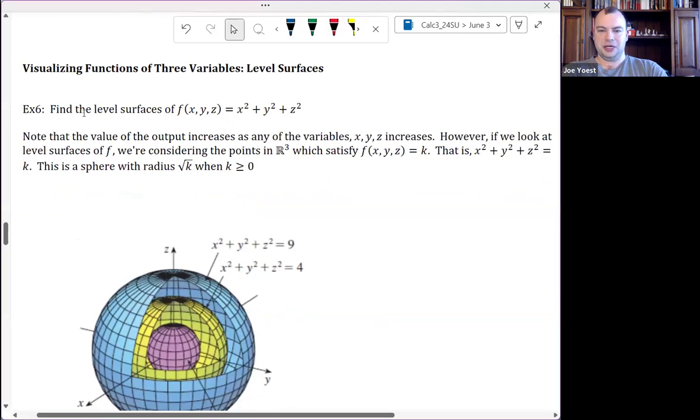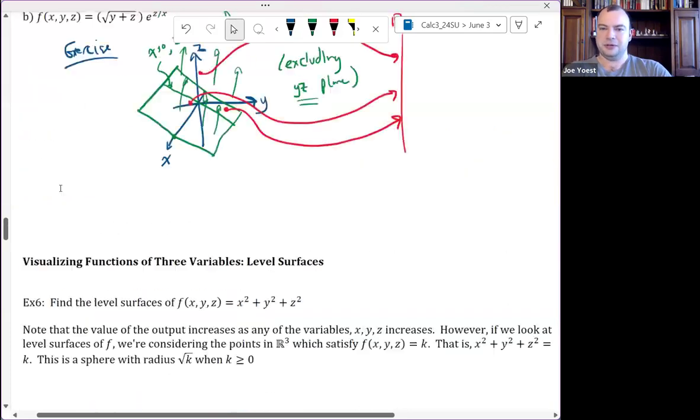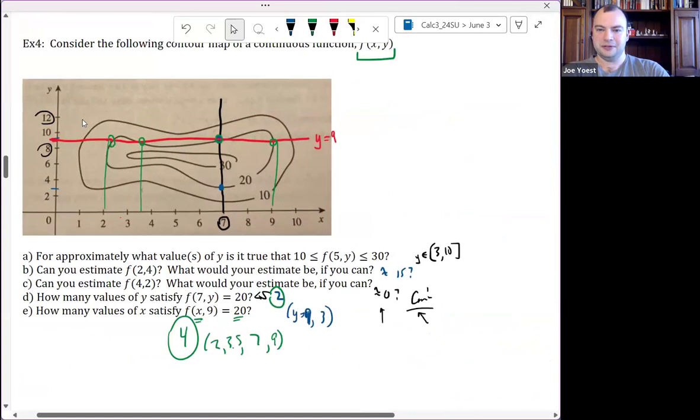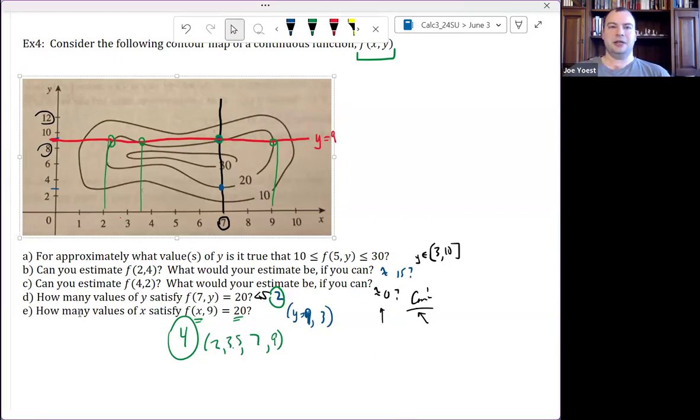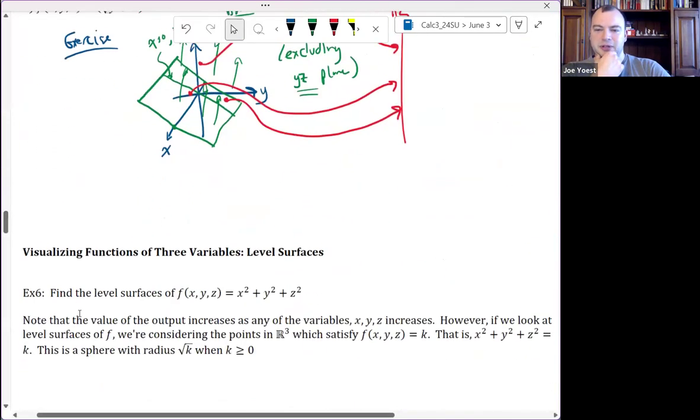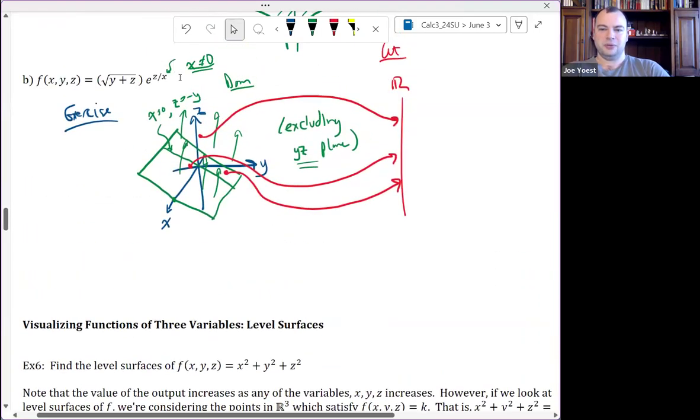And here's one example. We can try to draw a set of level surfaces. We can try to draw a set of, remember our contour map above. This was taking a 3-dimensional idea, 2 dimensions for the domain, 1 dimension for the output, and pushing it down into the domain and drawing curves in the domain that are level curves. Well, now we have a 3-dimensional domain.